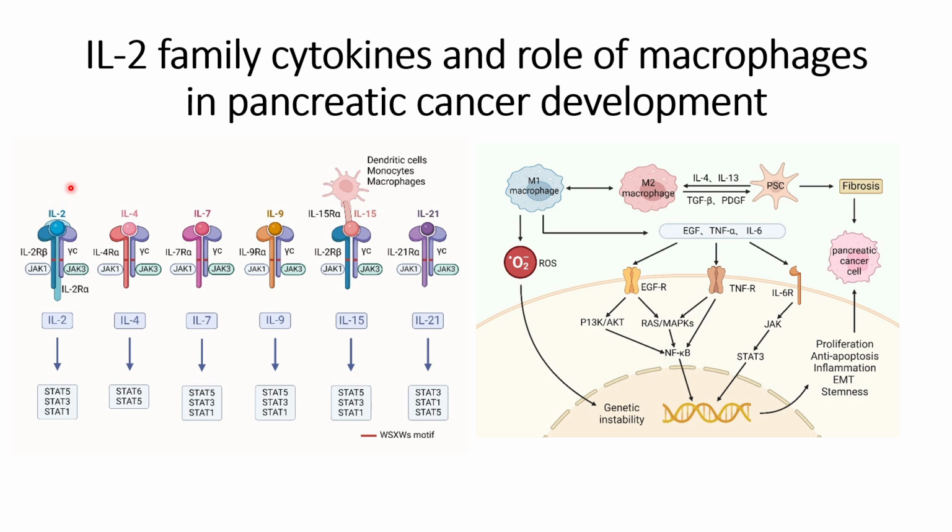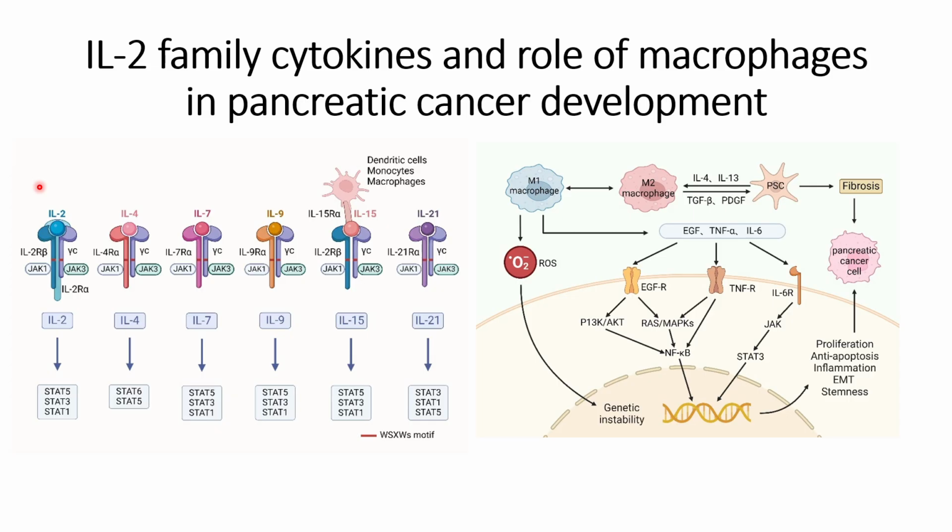IL-2 was first found in the supernatant of activated T cells. Thereby it has been studied with respect to the immune cells, and it has been found that IL-2 is necessary for the activation of immune cells such as T cells and NK92 cells.